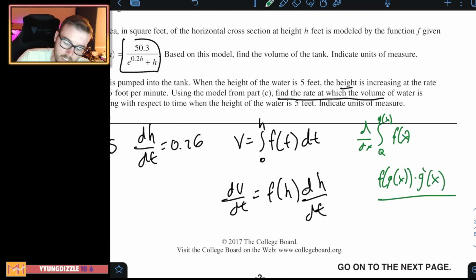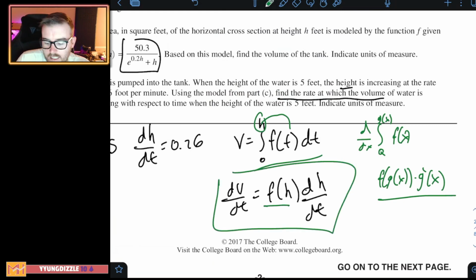Maybe you remember that. Well, we're deriving this with respect to time. So the h goes into the f times the derivative of h, which is dh/dt. So dV/dt equals f of h times dh/dt.